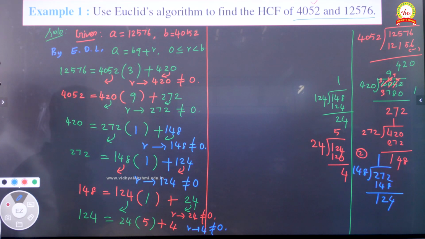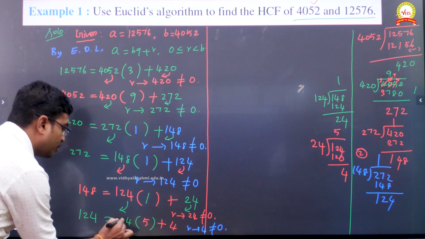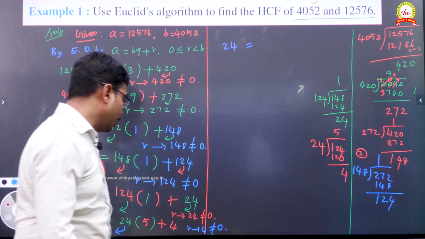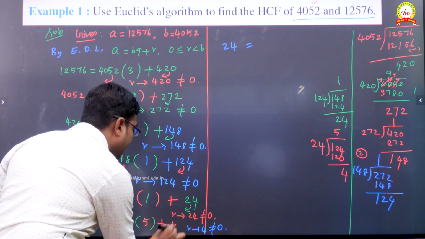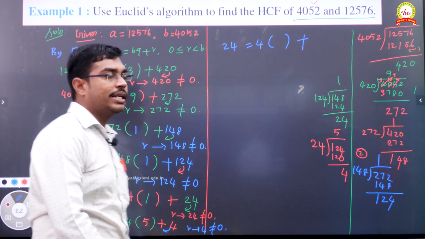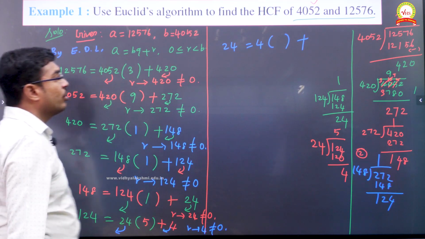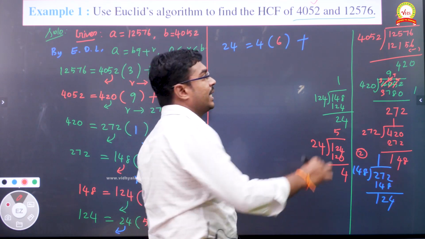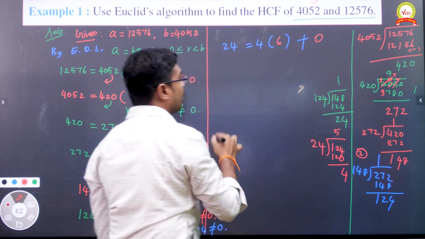Okay. Last step, 24 becomes the dividend and 4 becomes the divisor. We need to find the quotient and the remainder. 4 6s are 24. Then we get the remainder is 0.